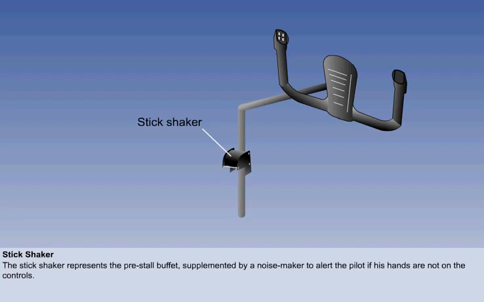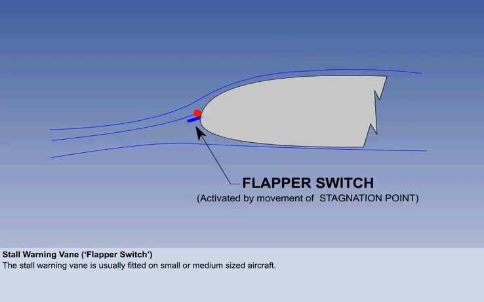The device consists of a pair of electric motors, one on each control column, rotating an eccentric weight to generate vibration. Artificial stall warning devices can receive their signals from a variety of detectors, all of which are activated by changes in angle of attack.